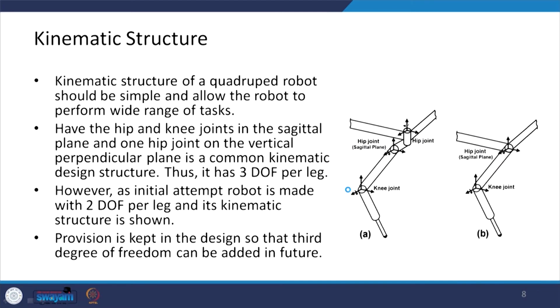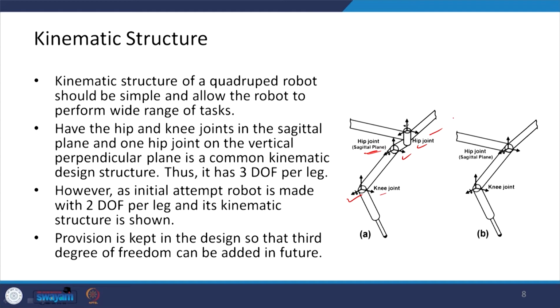Then coming to the kinematic structure of the robot, we assumed the knee joint and the two hip joints. This hip joint and this knee joint are in the sagittal plane, whereas this hip joint is in the vertical plane.